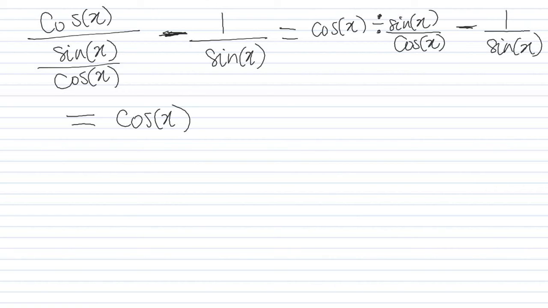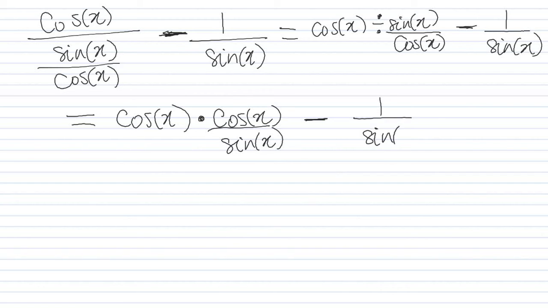Whenever you're doing a division, just like 5 divided by 1 over 2 is the same thing as 5 multiplied by 2 over 1, right? So that's what we're going to do here. We're going to flip cosine and sine in this question. So we have multiplied by cosine x over sine x minus 1 over sine of x.